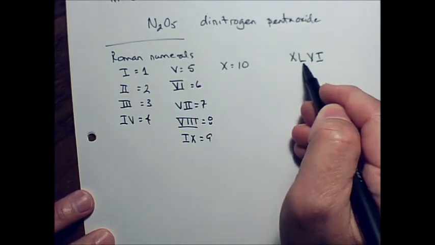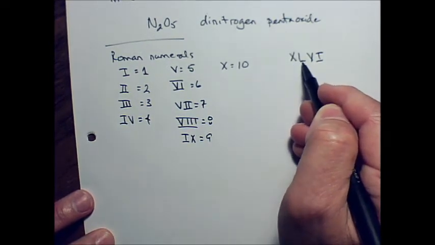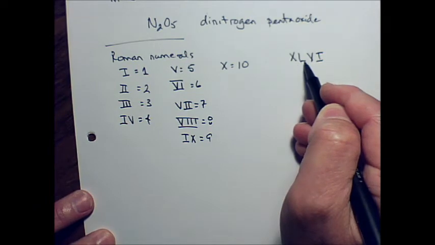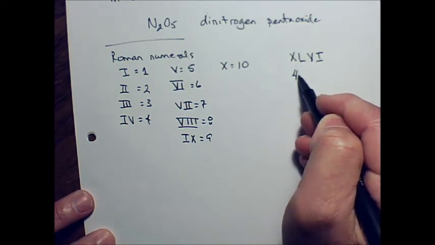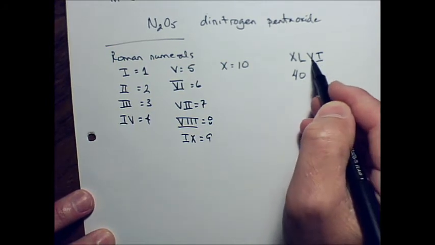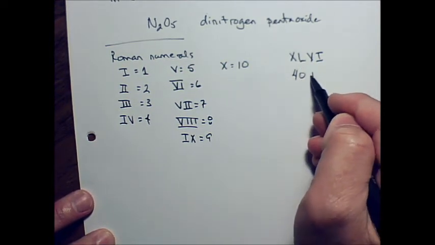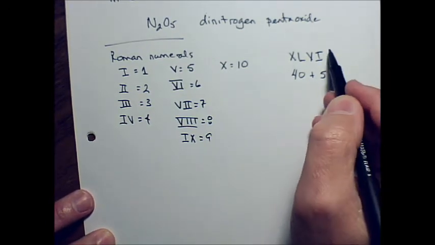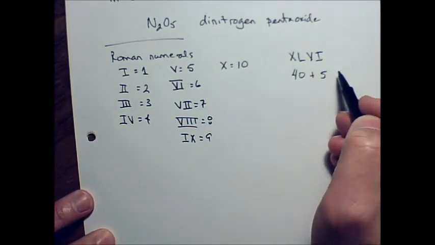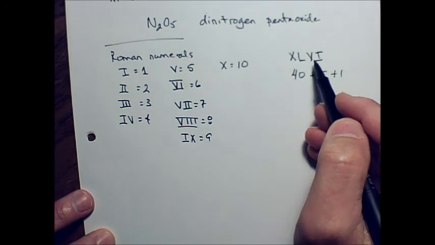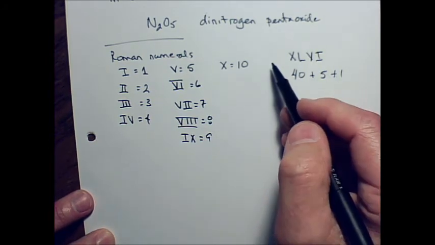This is a 50. Since 10 is smaller than 50, and our 10 symbol is before the 50, that means we subtract from the 50. That's a 40. The V is smaller than these, so it's going to be added to the 40. So we're going to add a 5 to that. The I is smaller than the V. It's on the right. We add to that. So smaller number symbols to the left get subtracted.